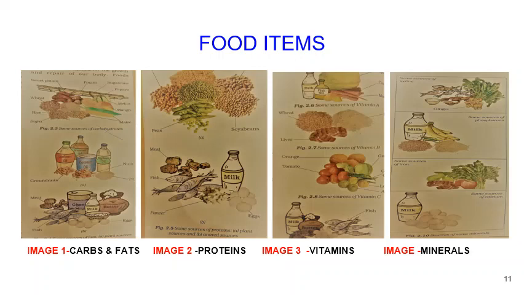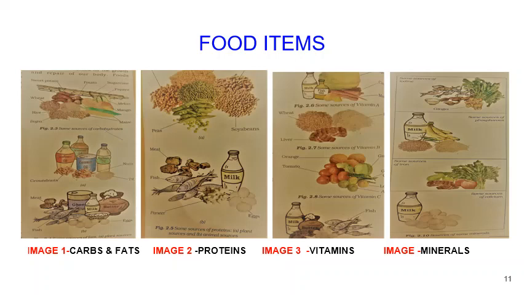Now, coming to the next image, this image shows food items rich in proteins. You find here a large number of plant materials: peas, then beans, then green gram, urad dal, tur dal, then soya beans, groundnuts. All these plant products contain a lot of proteins.